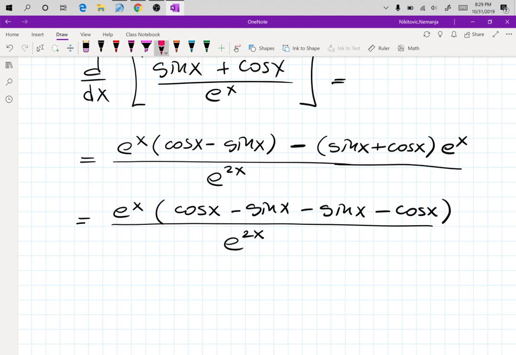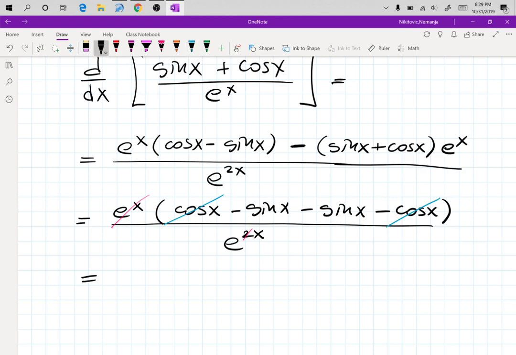Now the e to the x and the 2 over here will cancel, so you're canceling one of the two e to the x's in the denominator. And also, you will have cosine minus cosine to give you 0.